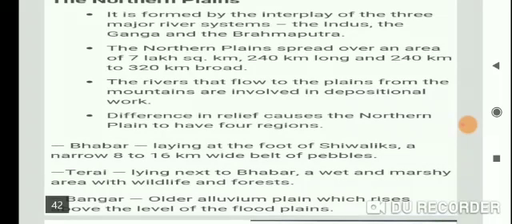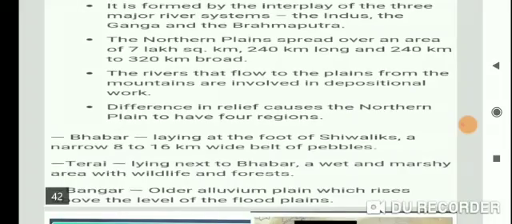Some forests still remain here, and the very famous Dudhwa National Park is located in this region. A simple definition: lying next to Bhabar, a wet and marshy area with wildlife and forest.